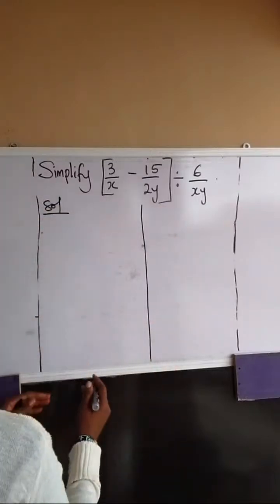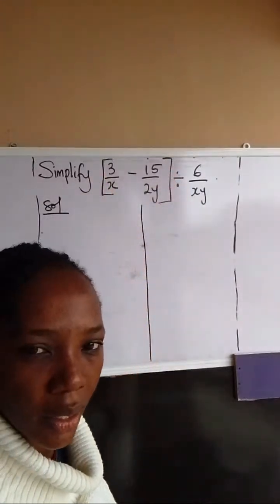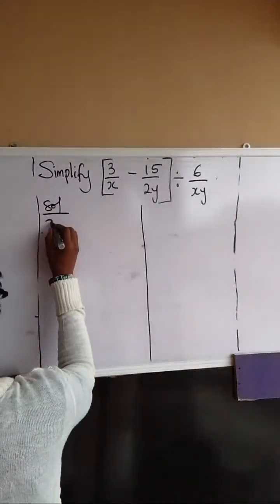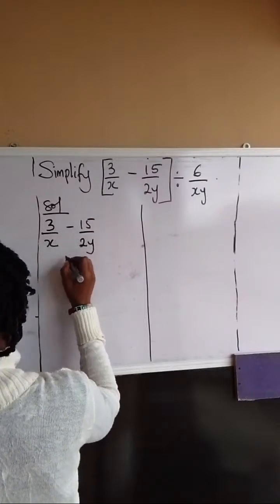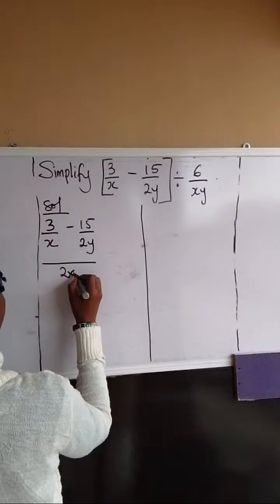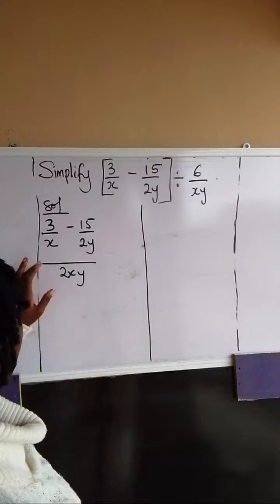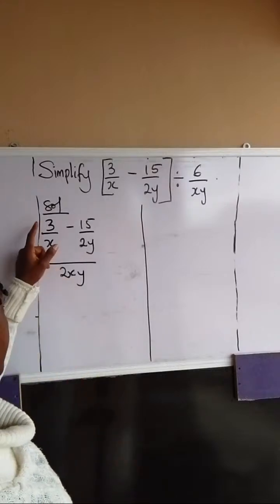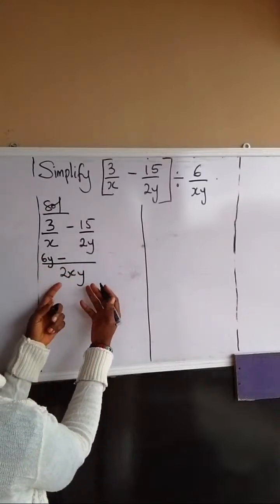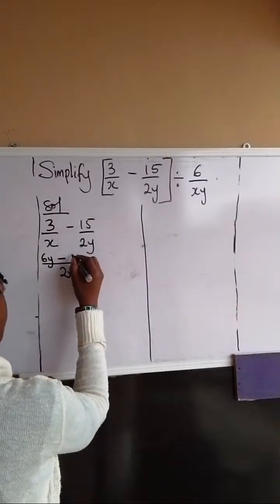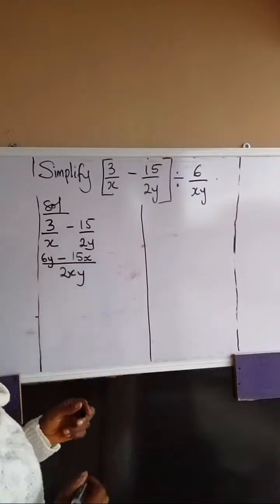Solution. So like I said, we focus on what is in the brackets. 3 over x minus 15 over 2y. So the LCM would definitely be 2xy. So x into this will give us 2y, and 3 times 2y will give us 6y. 2y into this will give us x, and x times 15 will give us 15x.